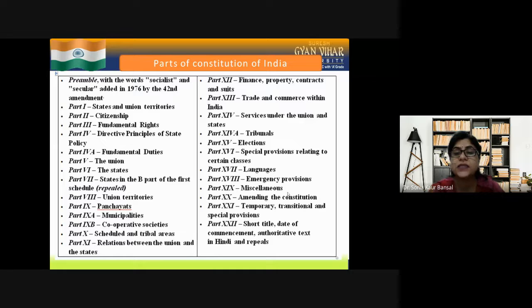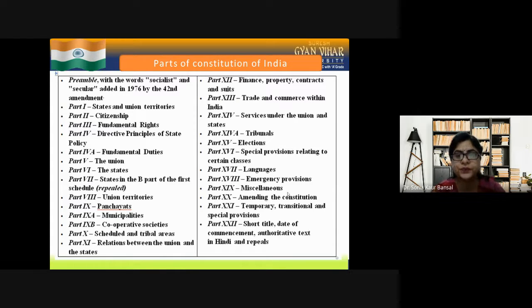Part 21 deals with temporary, transitional, and special provisions. Part 22 deals with short title, date of commencement, authoritative text in Hindi, and repeals. So these are the different parts of the Constitution of India.